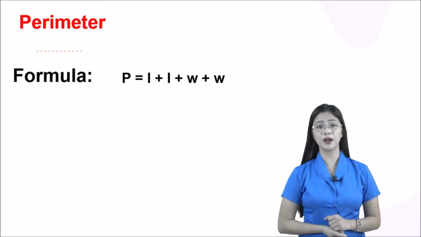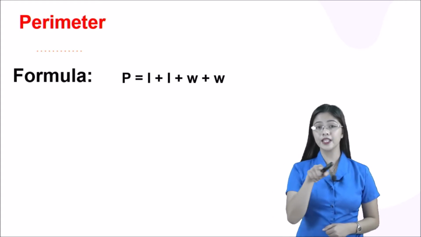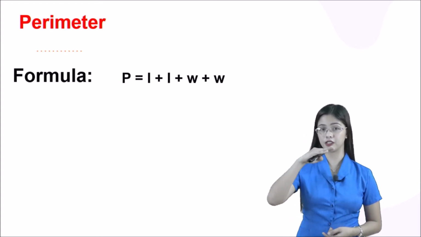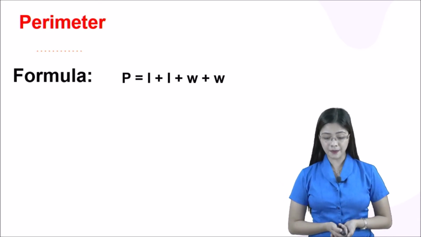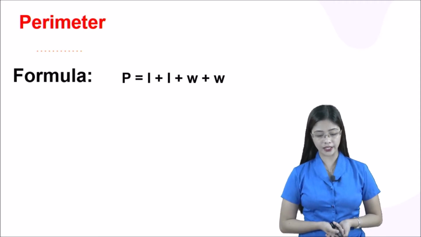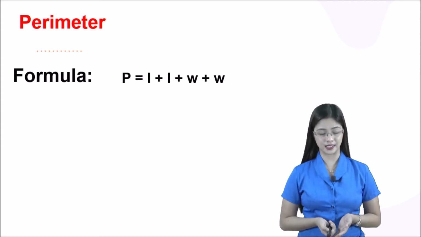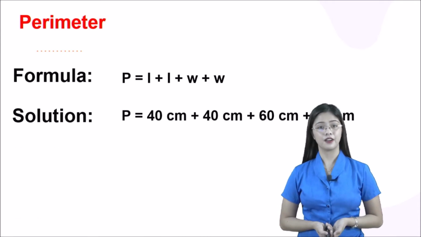And W represents the width of the bulletin board at the top and at the bottom. So, to get the perimeter of the bulletin board, we need to add the lengths of all the sides. So, we have our solution here.